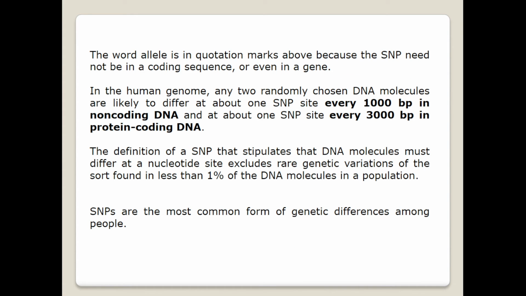And also statistical information. The word allele is in quotation marks above because the SNP need not be in a coding sequence or even in a gene. In the human genome, any two randomly chosen DNA molecules are likely to differ at about 1 SNP site every 1,000 base pairs in non-coding DNA and at about 1 SNP site every 3,000 base pairs in protein coding DNA.